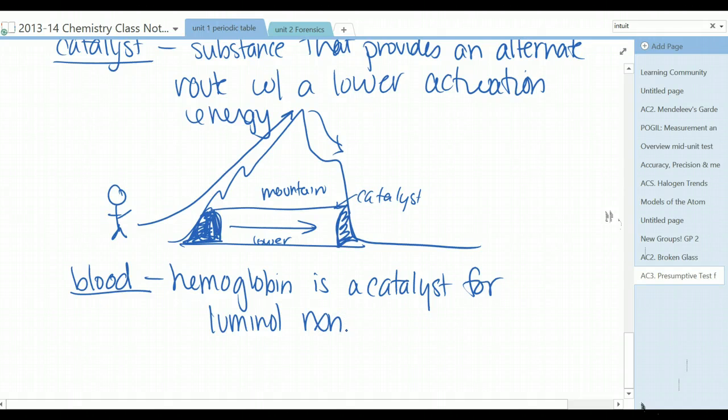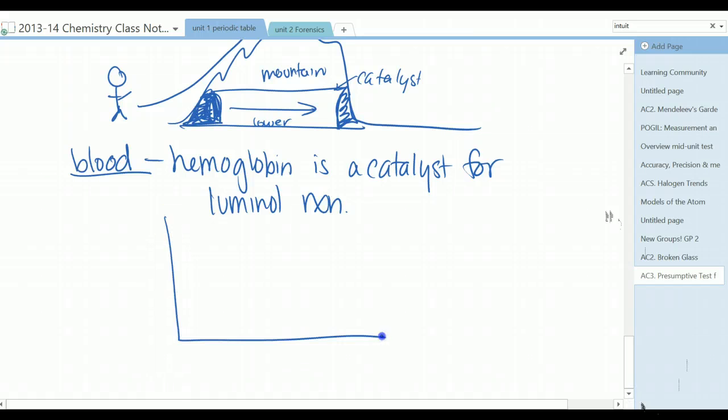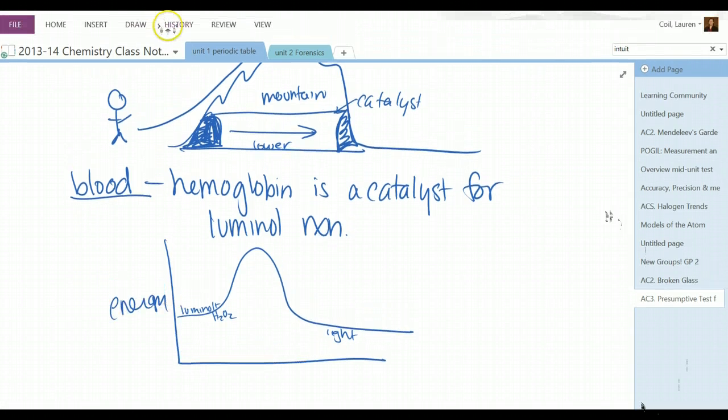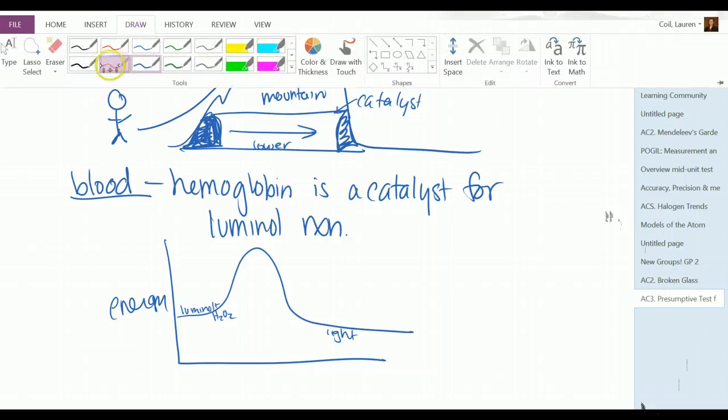Okay, and so essentially what we end up with is a new energy graph. So if this is the original luminol, just luminol and hydrogen peroxide, we end up with light. Over here, oops, new color here.